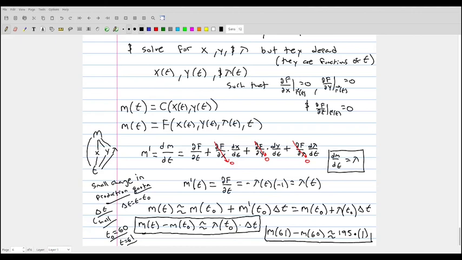So approximately speaking, the difference between the minimum at a production quota of 60 and the minimum at a production quota of 61 is going to be 195. It's not an exact equation because whenever you do a derivative approximation, you always have some error. But the idea is that we can directly use this and do it very quickly. We don't have to go through and actually solve the new problem for that new production quota, which is very useful.